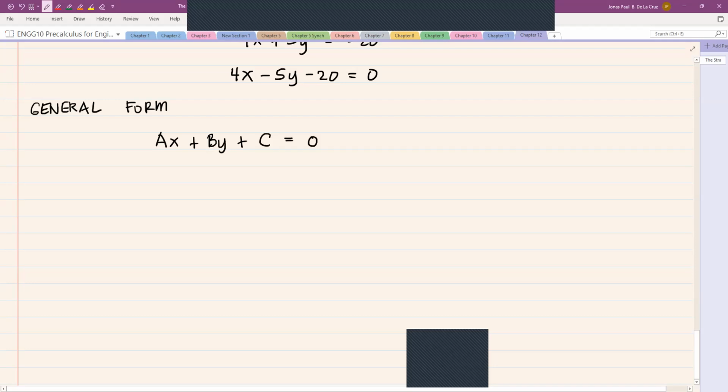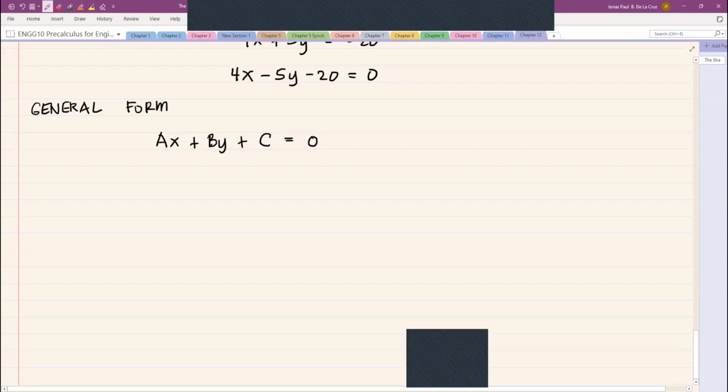Di ba? Yan yung general form natin. Where a, b, and c are real numbers. Okay? A and b cannot be both equal to 0. Hindi pwedeng 0 itong dalawang ito. Ano? Pwedeng a lang yung 0 or pwedeng b lang yung 0. Pero kung parehas silang 0, hindi pwede yon. Kasi kapag 0 yung a, 0 yung b, edi constant na lang. C is equal to 0. Hindi na yun pwede. Ano?